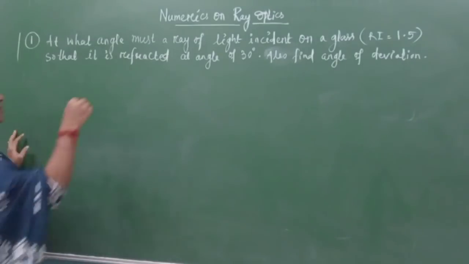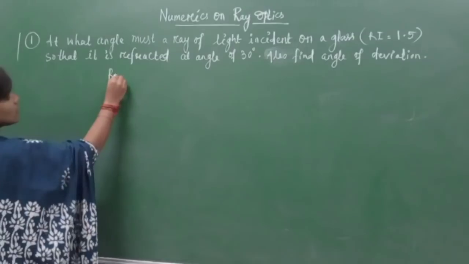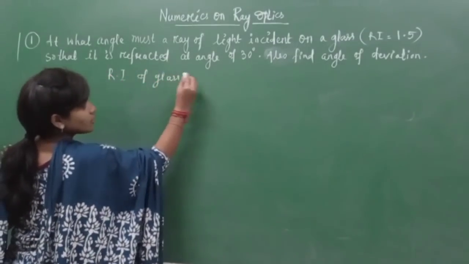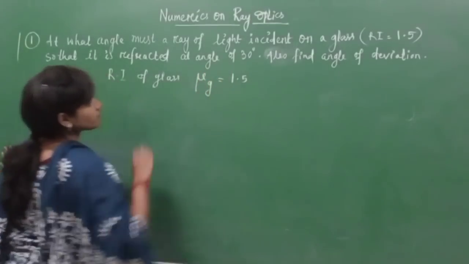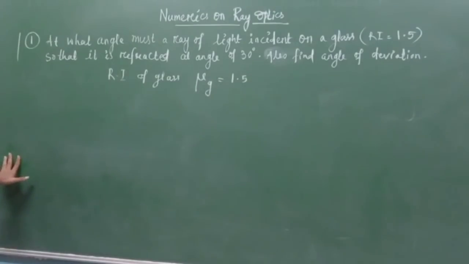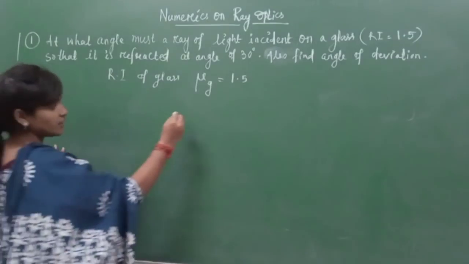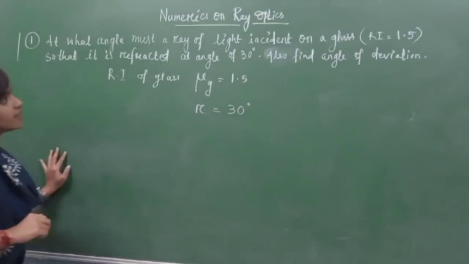The given data is that the refractive index of glass, mu g, is 1.5. Another given is that the ray is refracted at an angle of 30 degrees, that means r is 30 degrees.